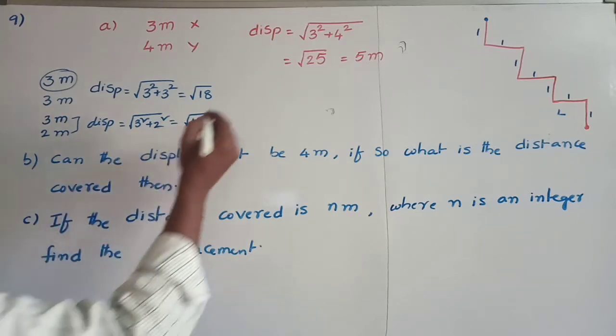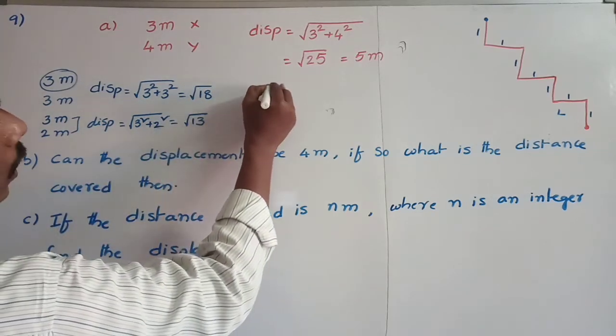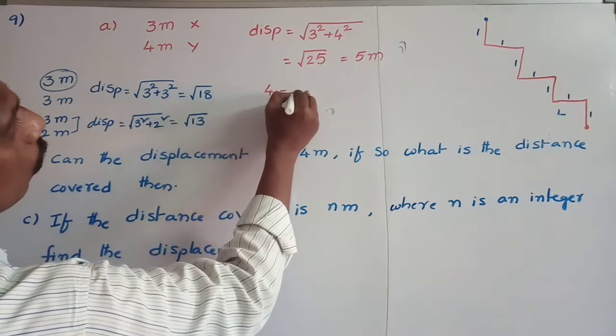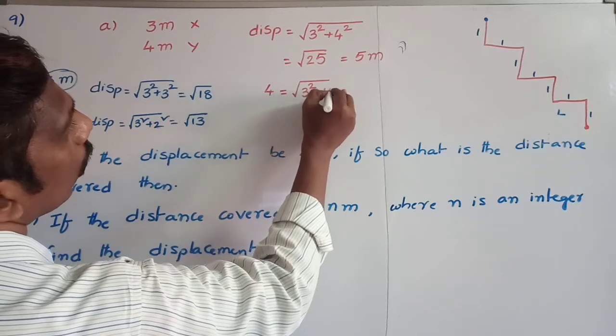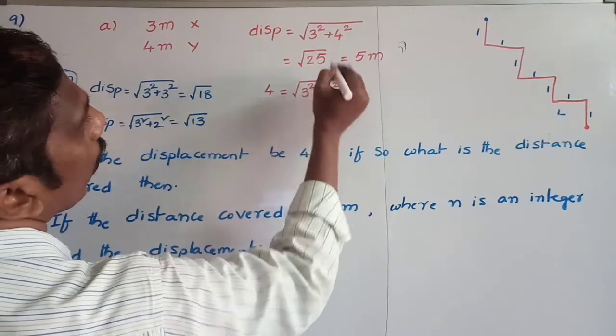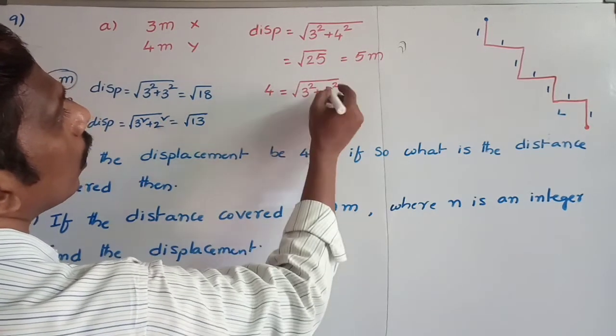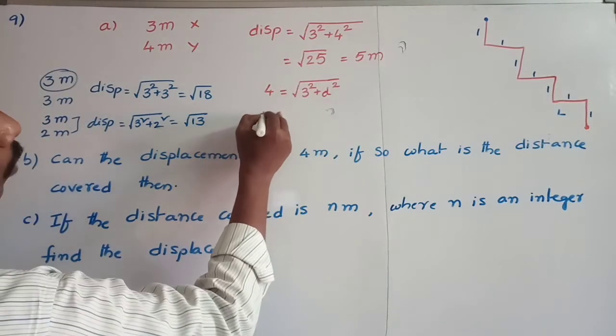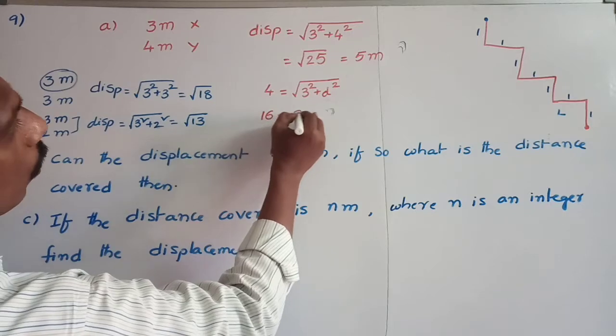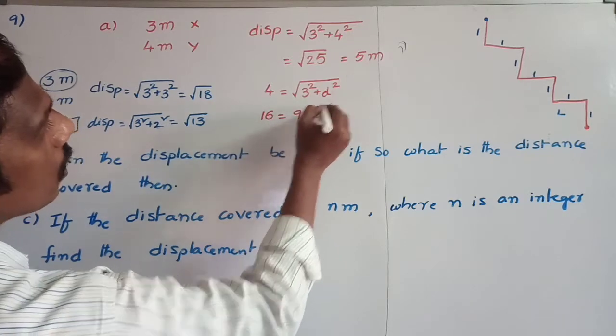So in that case, we calculate the other side. Displacement 4 meter is equal to root over 3 square plus the other side, some unknown value d, d square. Squaring on both sides, 16 is equal to 9 plus d square.